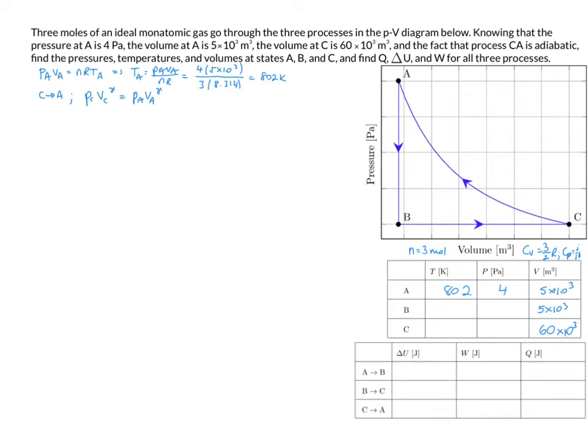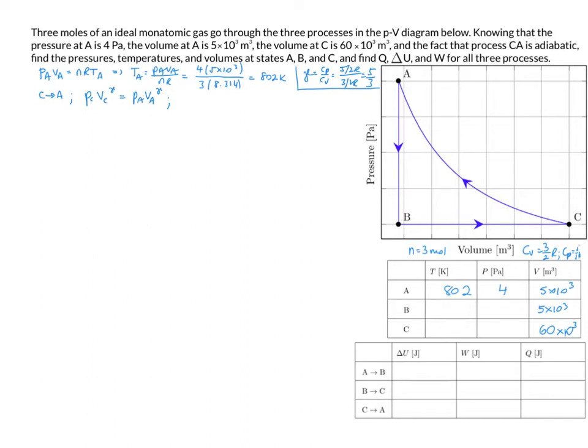What is gamma? Gamma is CP over CV. CP is 5 halves R. CV is 3 halves R. So that means that gamma is going to be 5/3.